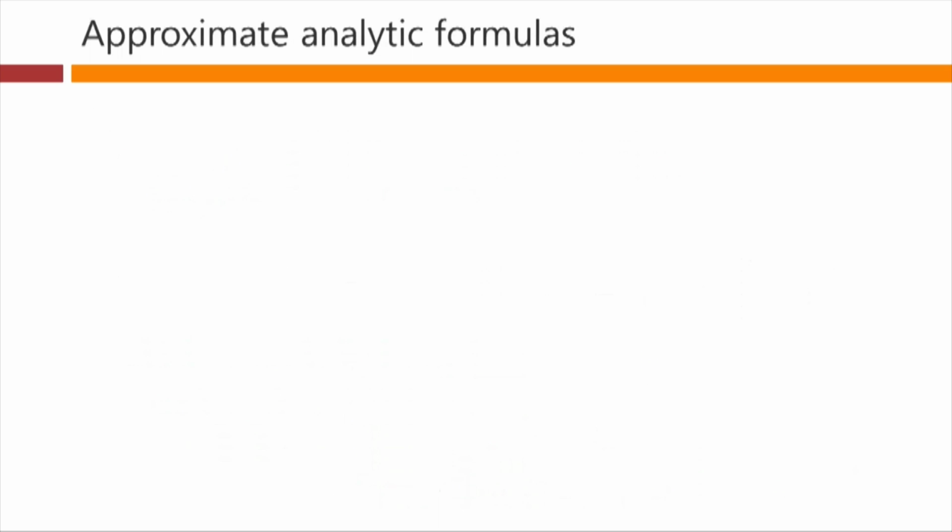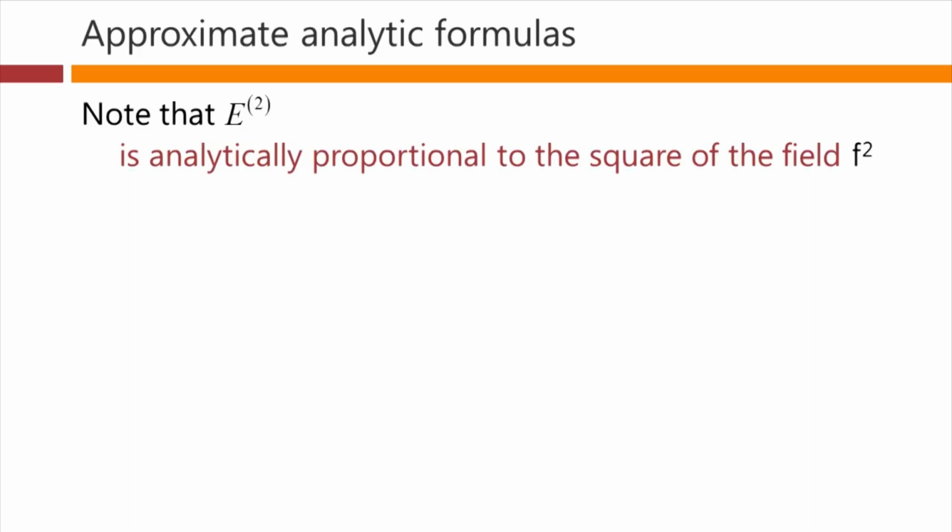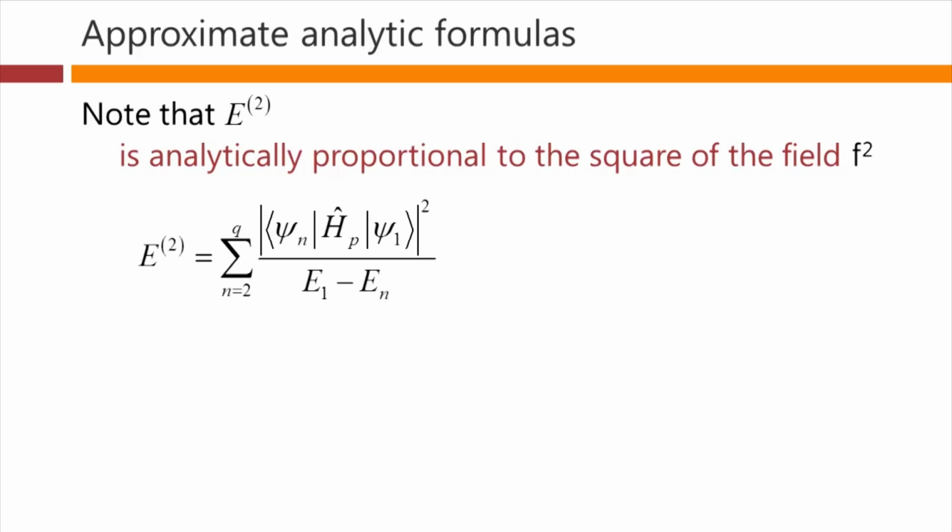Now, one of the great benefits of perturbation theory is that it gives us formulas. So far, we've only been working out the answer for a very specific field, but in fact, perturbation theory will give us a formula for the answer. Note that this second-order energy correction, for example, is analytically proportional to the square of the field. So in this matrix element here, we've got the field buried inside there.